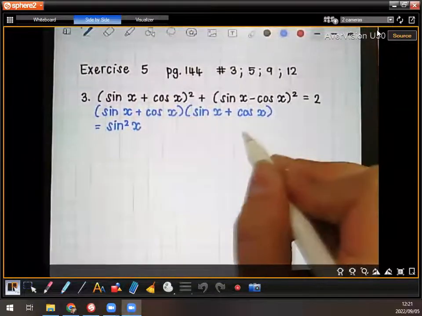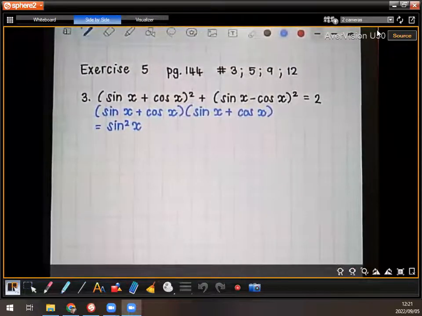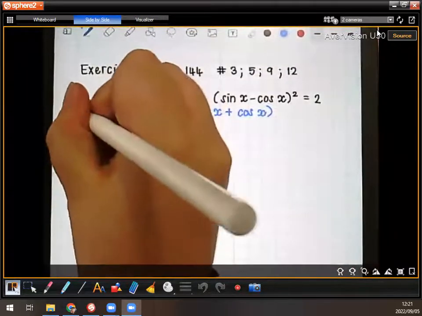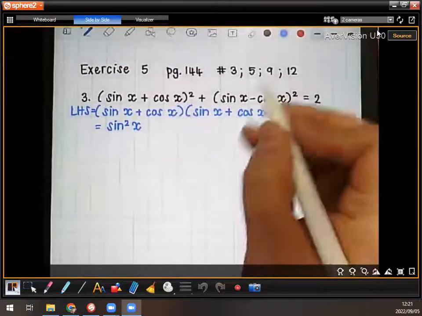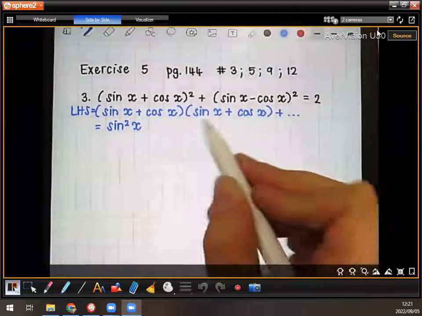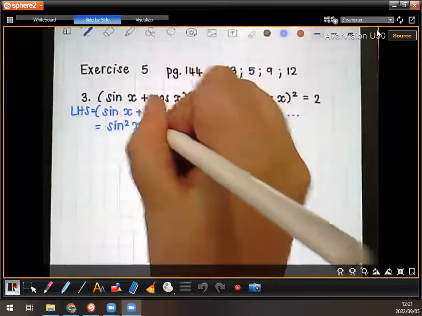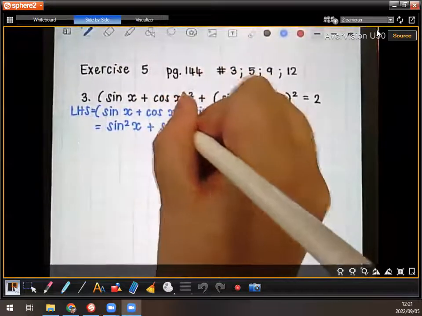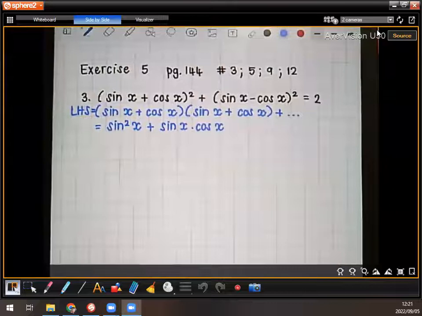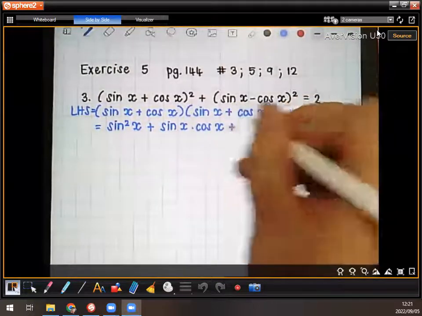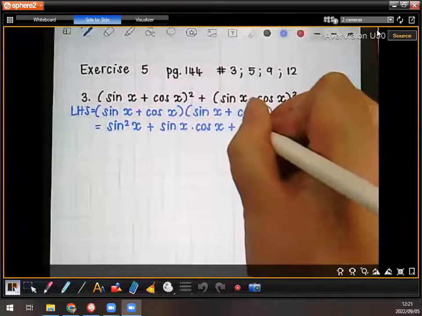This isn't a model solution, guys. I'm just showing you how to do the first bracket. You're going to have to do the next one as well. And remember, you must do your whole LHS, hey? And that's going to be plus dot dot dot the same thing for the second bracket. When you do your outer, you're going to say sin x times cos x, which is going to be plus sin x cos x, plus your inners, which is again cos times sin, so you can again write sin x cos x.